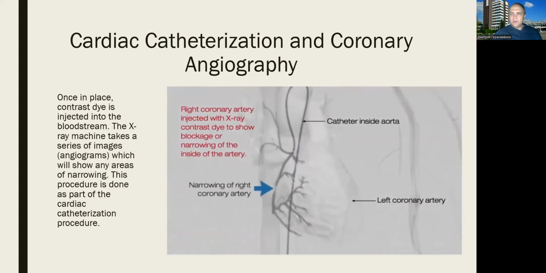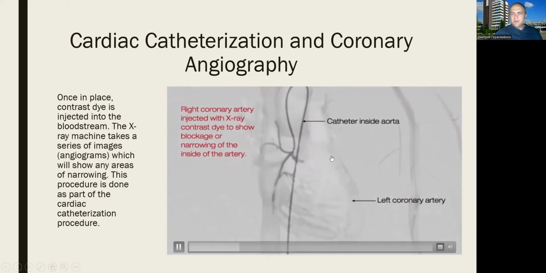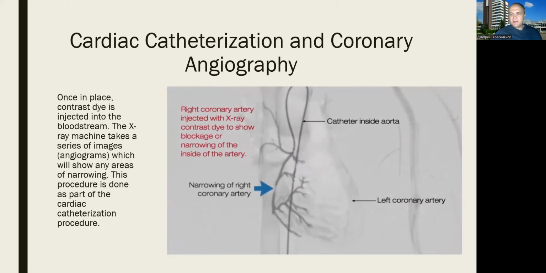Once in place, contrast dye is injected into the bloodstream, and the X-ray machine takes a series of images which will show any areas of narrowing. This procedure is done as a part of the cardiac catheterization procedure.